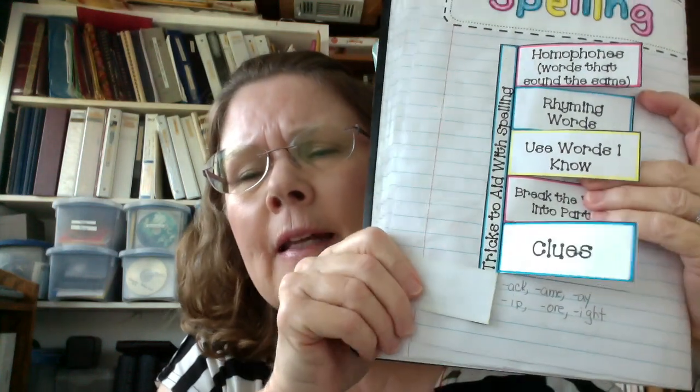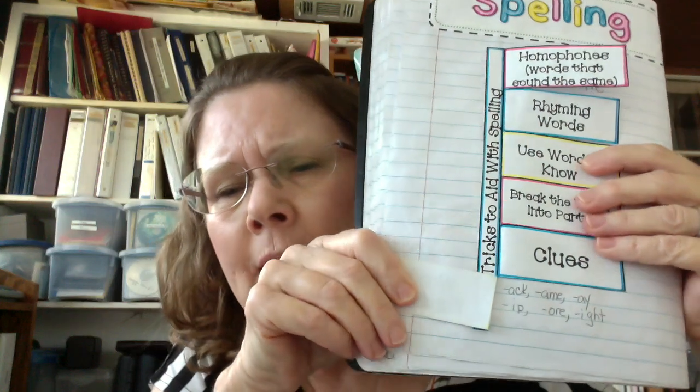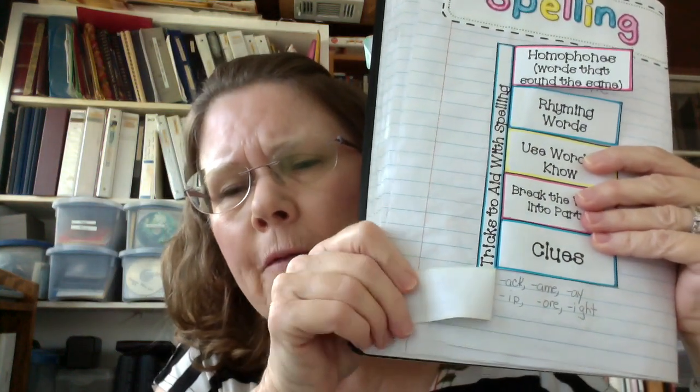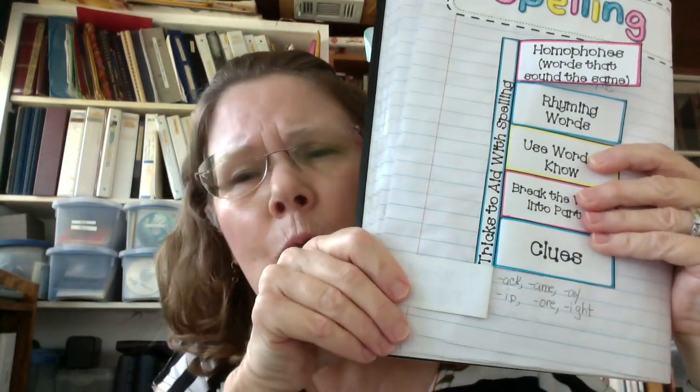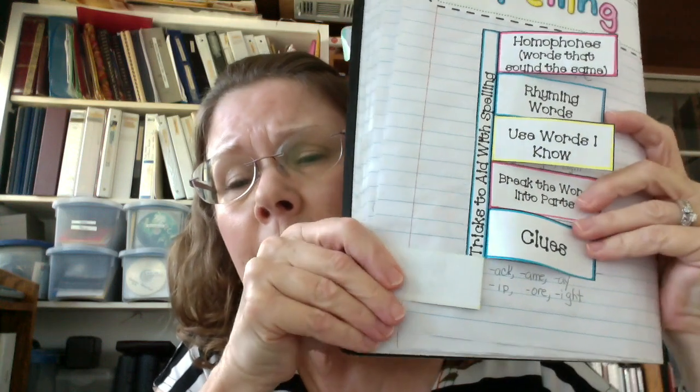Then we have something called word families, and probably when you were first learning how to read, you had to read lots of word families, and it's really similar to the rhyming words and using the words I know, because it's words that all end the same way.